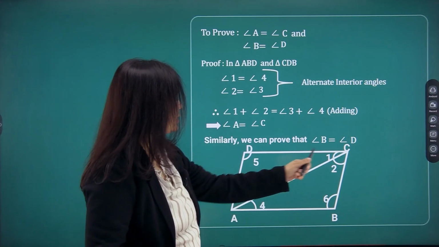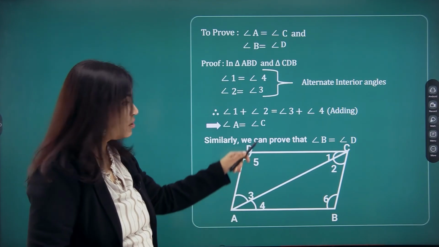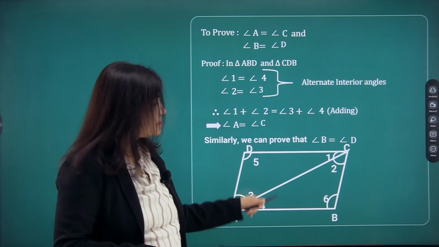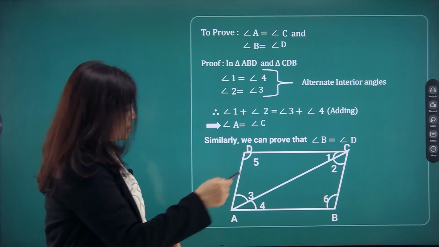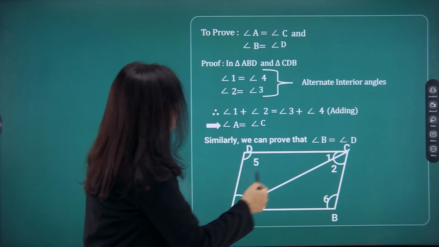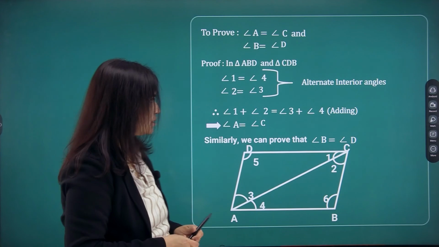Starting with diagonal AC, angle 1 will be equal to angle 4 because the opposite pair of sides are parallel and they are alternate interior angles. Similarly, angle 3 and angle 2 are also equal because they are also a pair of alternate interior angles.